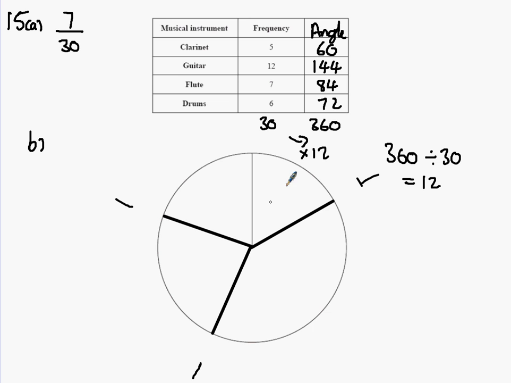What we'll then do is label them up. So we've got clarinet, we've got guitar, we've got flute, and then we've got drums. So we've now got all 4 that were required for 15.